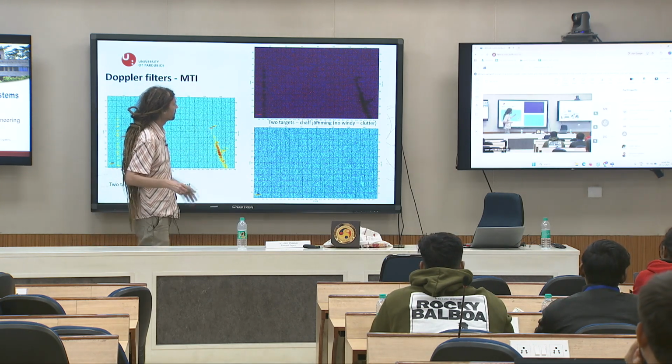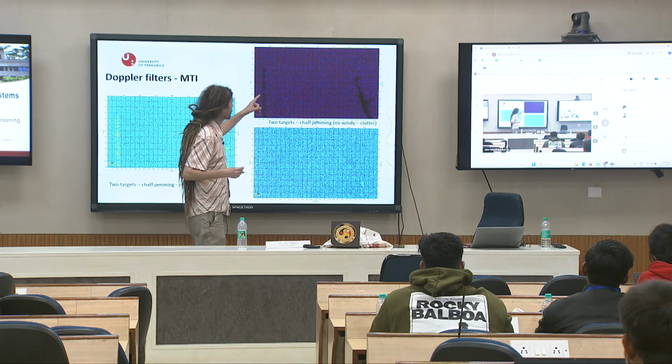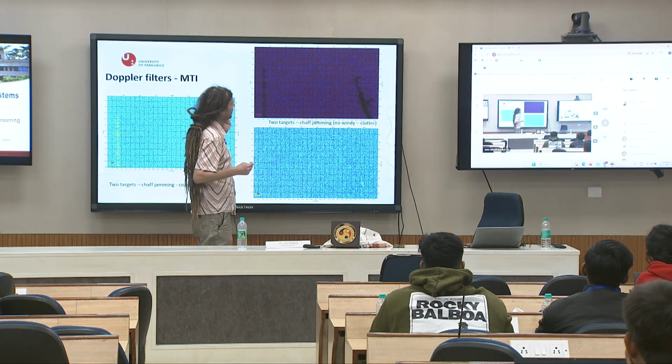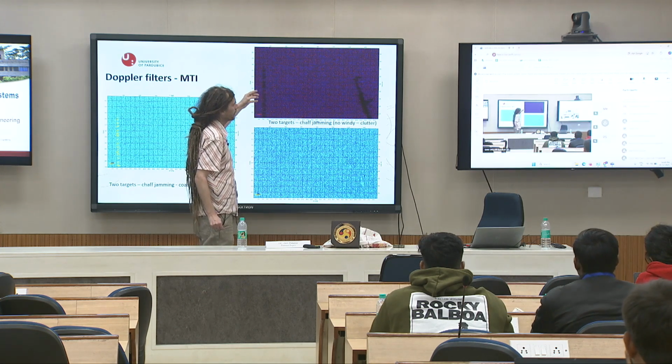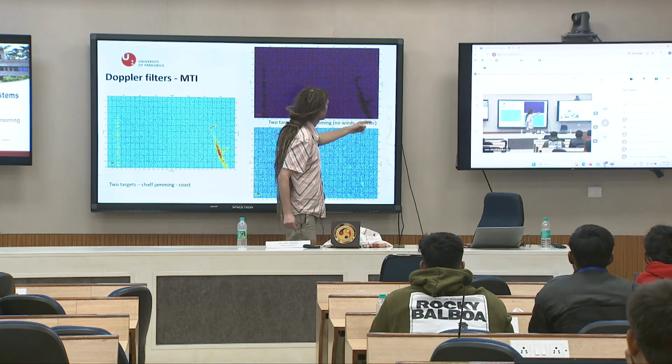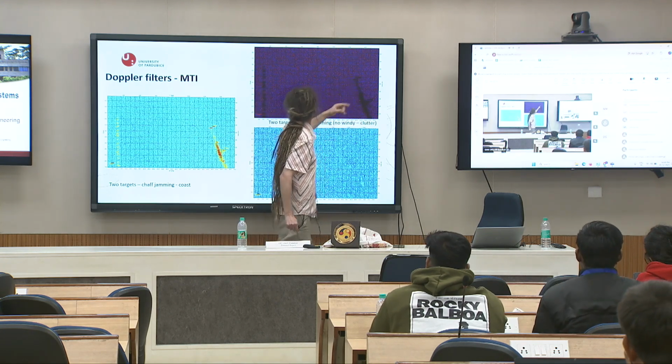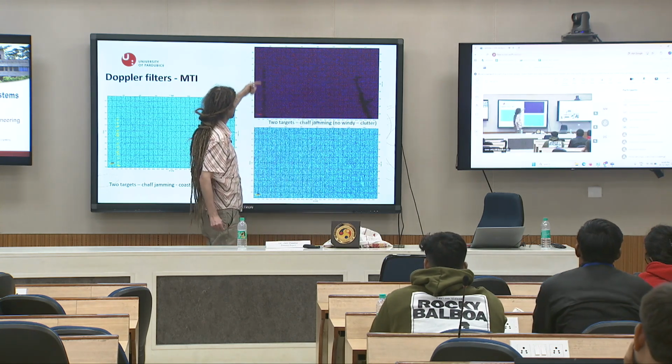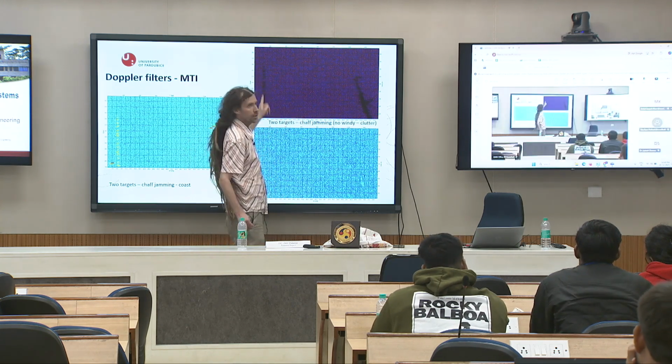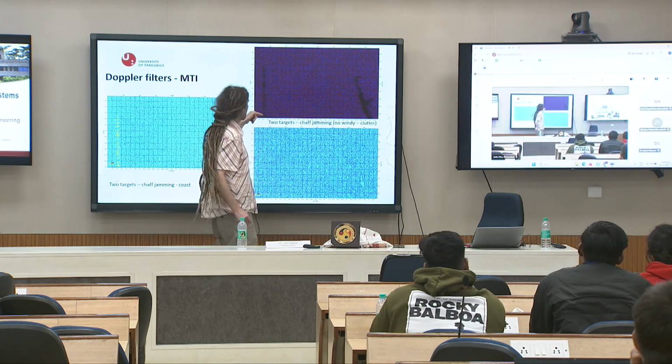If you get my point, it is something like this. This is clutter. There you can see it after MTD, it is the MTI filter. So this is not moving, so it is chaff, probably no wind because there is chaff.